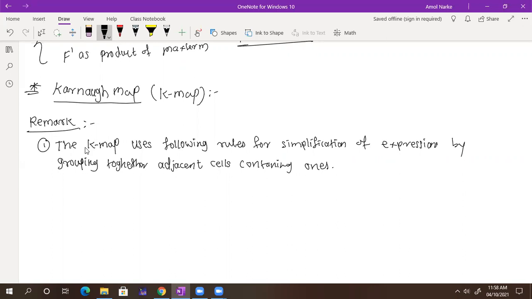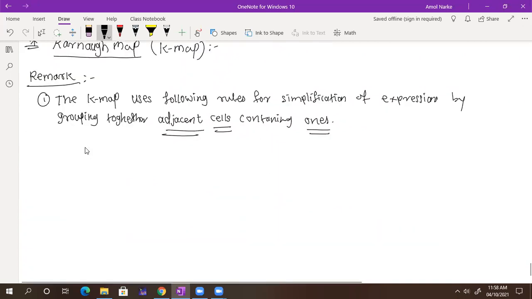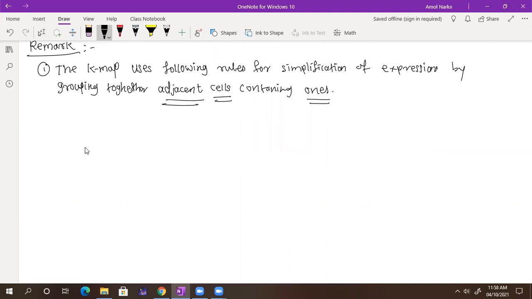So first here comes what those cells are, then what the adjacent cells are, when it comes as one, when it comes as zero, and everything that we are going to see here. Whenever you need to use the Karnaugh map, suppose we have two variables, n is equal to 2.